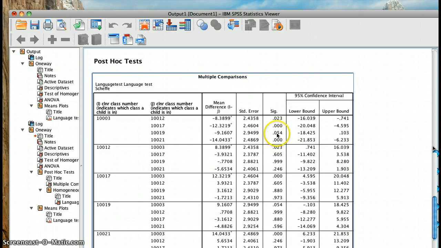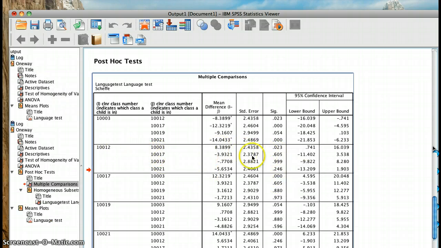Or just barely not. Then on 21 with 14 points, again statistically significant. Then here 12 and 3 we repeat, right? We looked at that already. But 12 and 17, not statistically significantly different from each other. 19, not different. 21, not different.